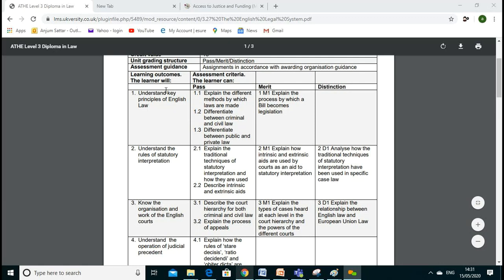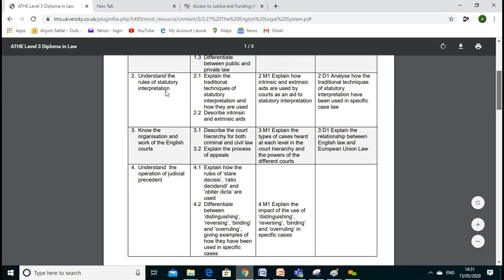And the structure and hierarchy of courts. Which one is the higher court? We also discussed public and private laws, contract law and criminal law, the difference between them, and the literal and golden rules.